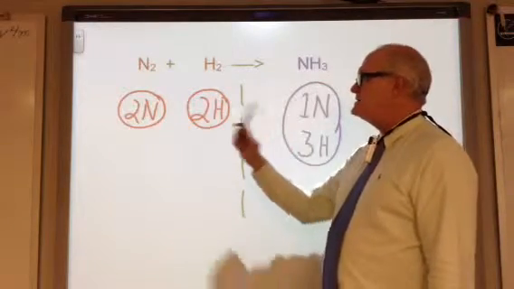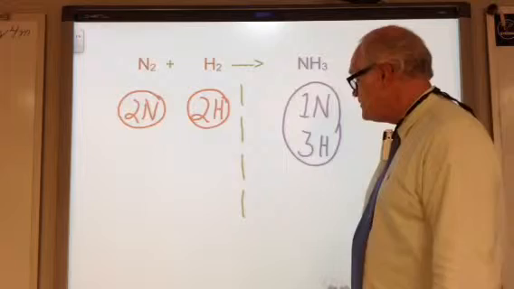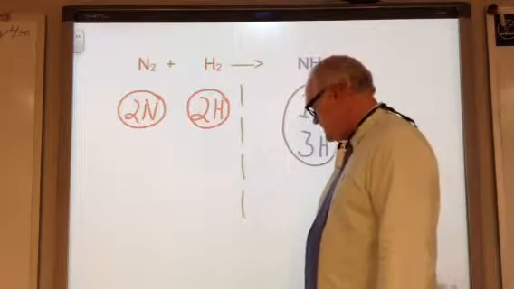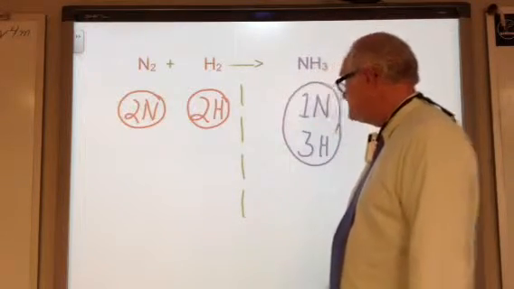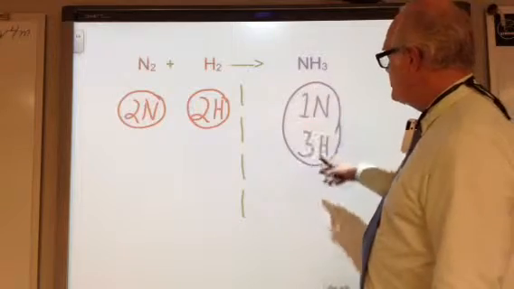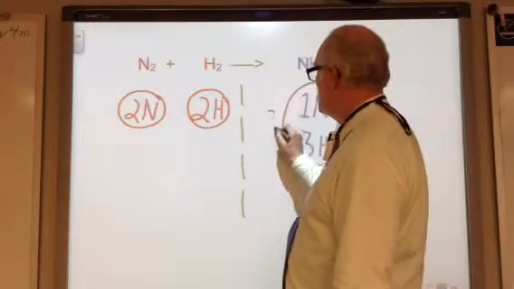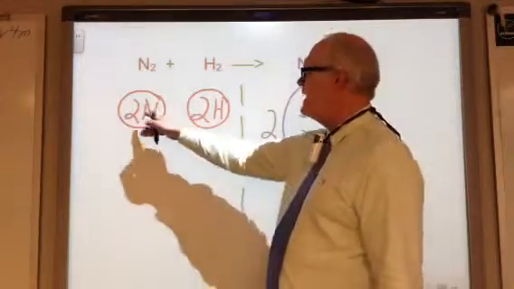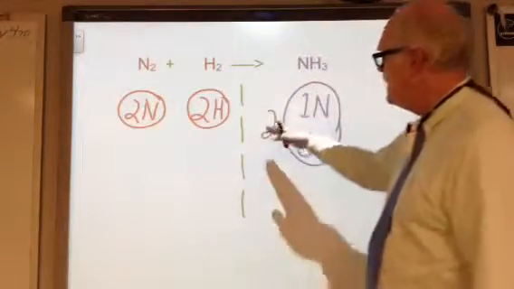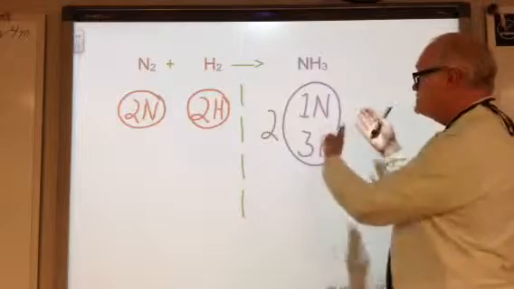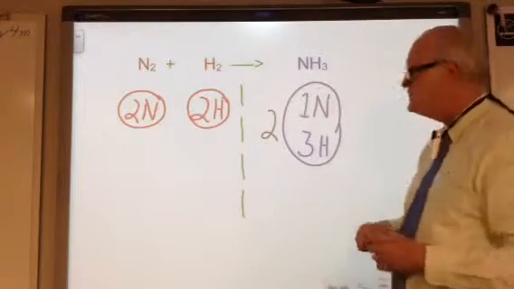We cannot change anything that's inside the circle, but what we can do is use a coefficient to multiply the things that are in this circle. In other words, if we start off with 2 nitrogen atoms over here, maybe what's happening is we're making 2 ammonia molecules over there.